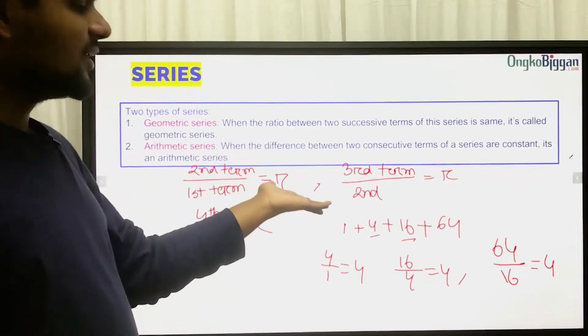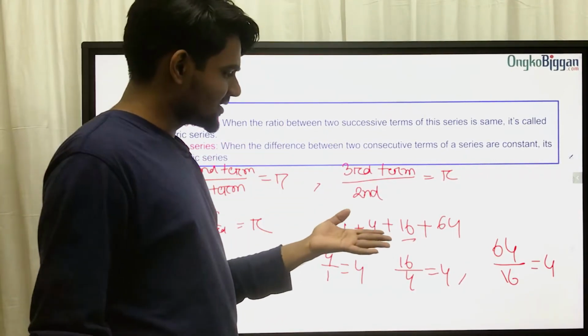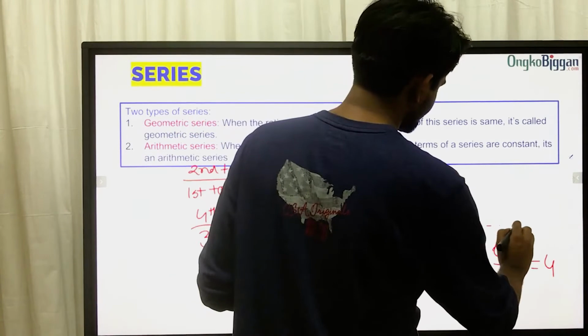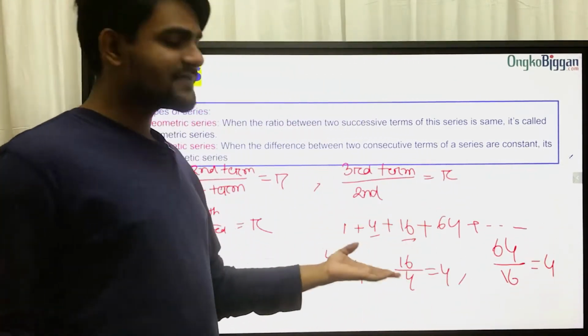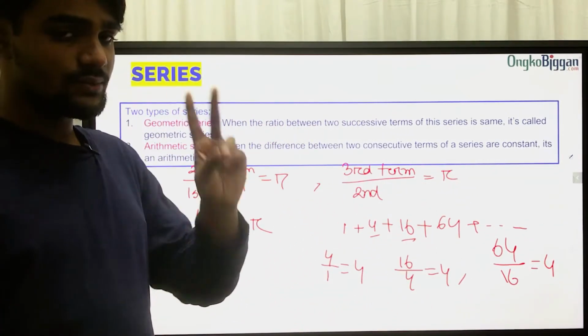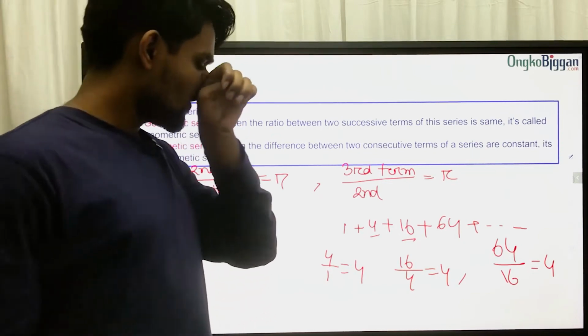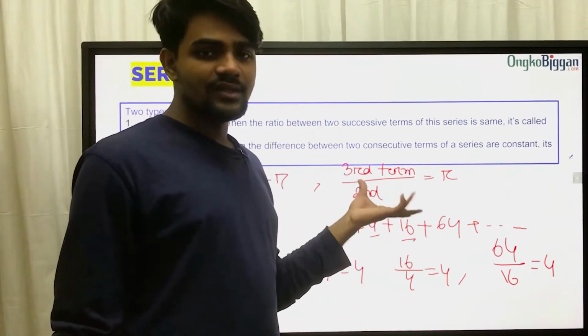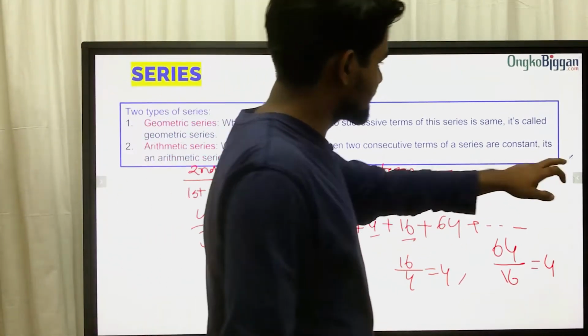You see, we have constructed a geometric series quite easily. All these two successive terms have common ratios, and these terms create a geometric series.